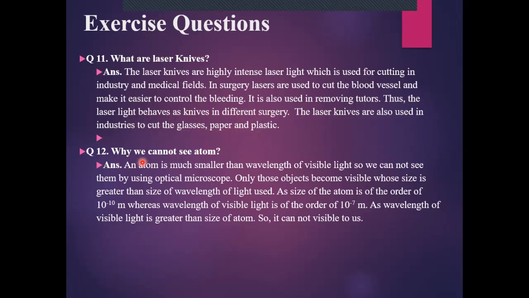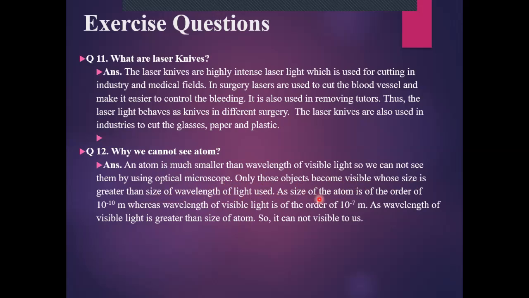The next question, why can we not see atoms? As we know, we can see an object whose size is greater than the wavelength of light. An atom is much smaller than the wavelength of visible light, so we cannot see it using an optical microscope. Only those objects become visible whose size is greater than the wavelength of light being used.